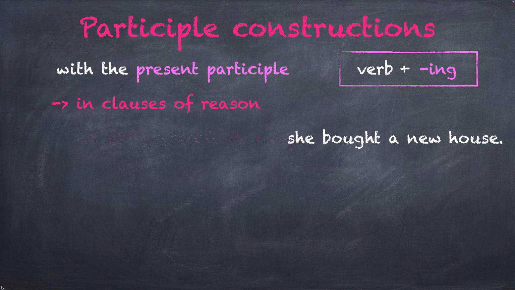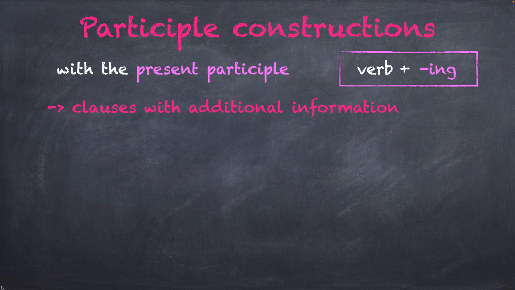And we get, having much money, she bought a new house. Again, there is no subject in the participle construction sentence, and the verb is in the present participle. And the subject you find in the main clause, she bought a new house.